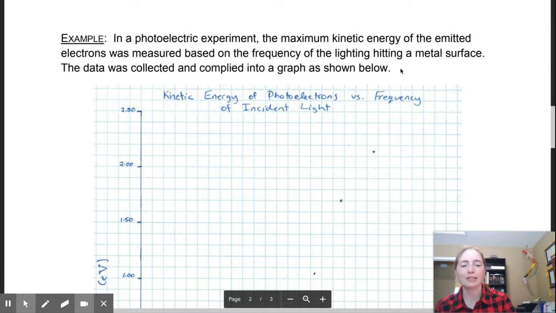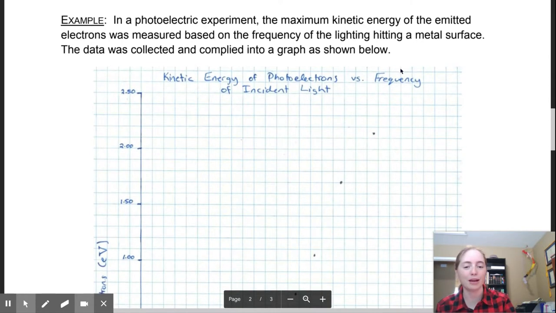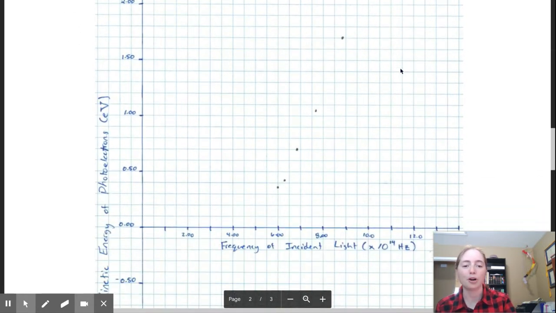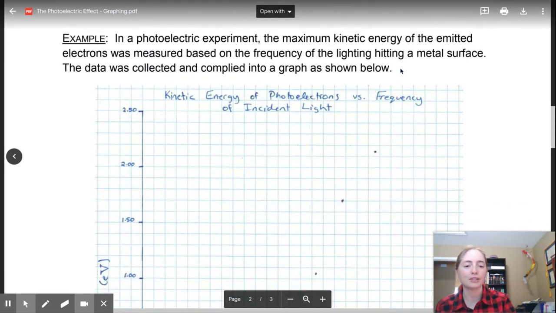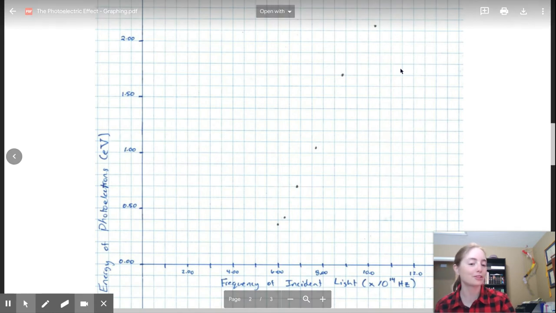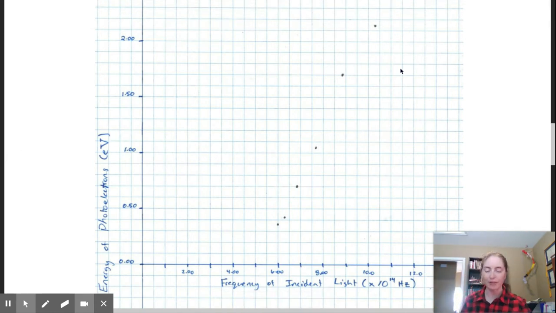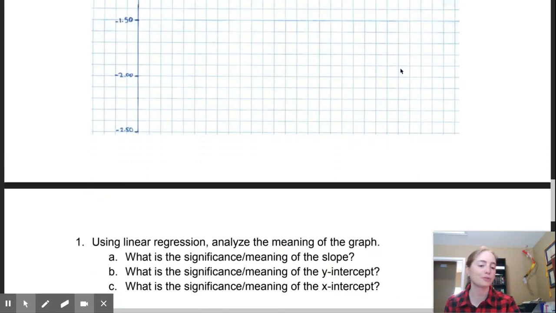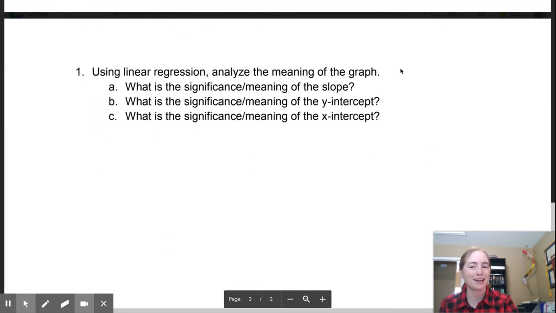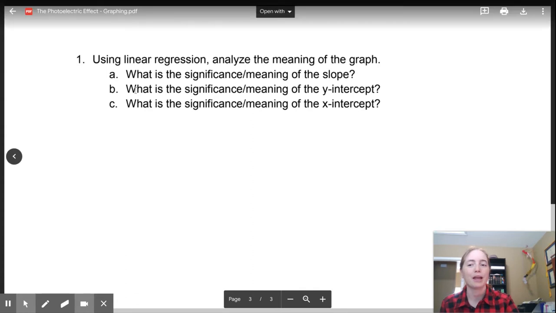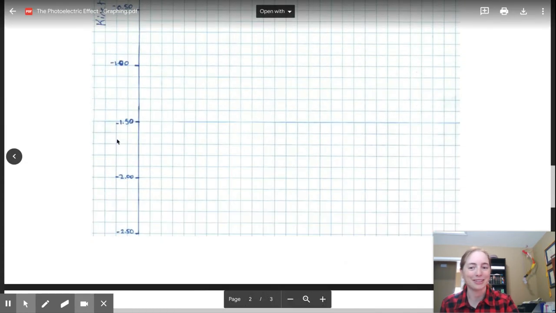So, ladies and gentlemen, here is our example, our lovely example. We've got a big, beautiful graph here. There's a couple of different things that you can do with this graph. When you go ahead in the notes, which I hope you printed out by now, you are going to see this graph here, and we're going to be answering these questions regarding using this graph.